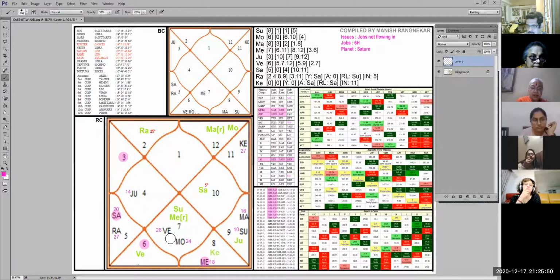Right? Now do a calculation for me. Shruti, do it. From 20 to this cusp is how much? 10. From Saturn to this point is how much? 10. Right? From 20 to this thing is 10.